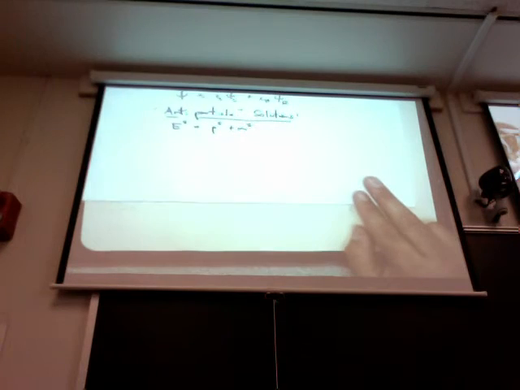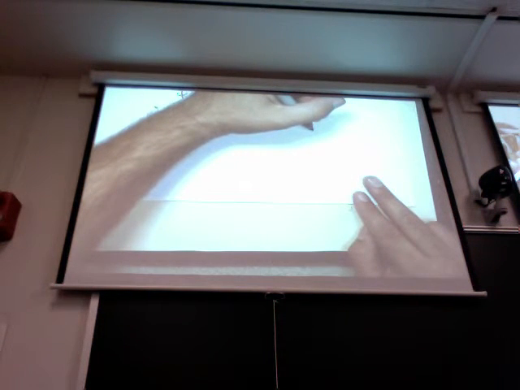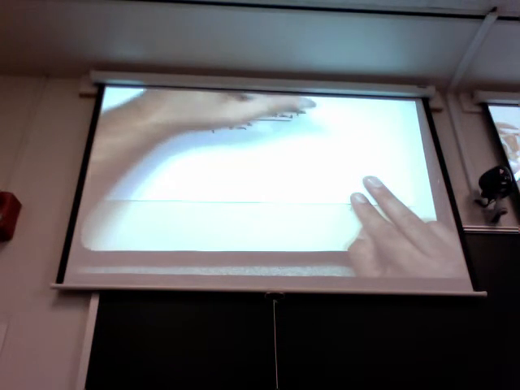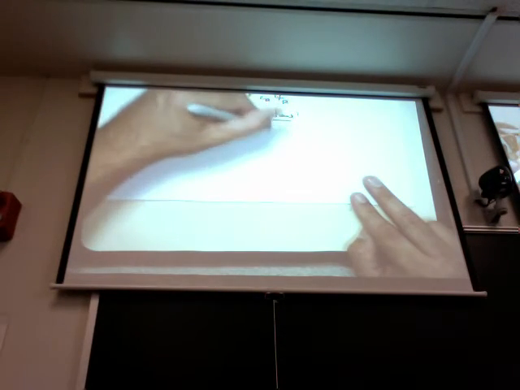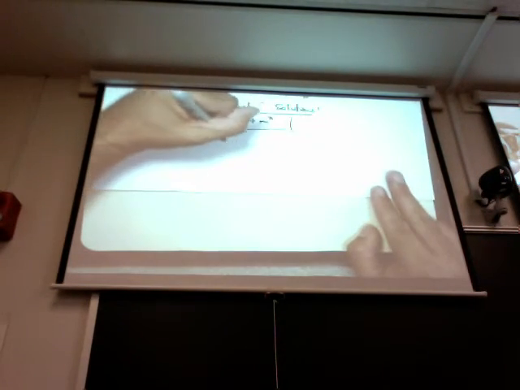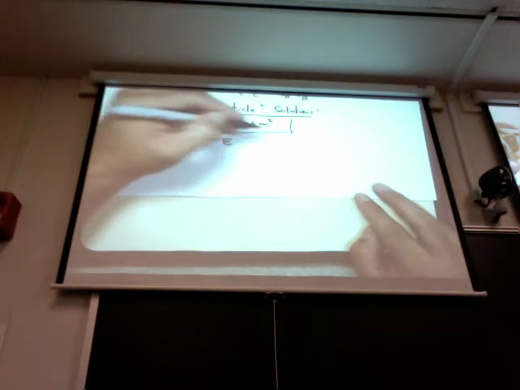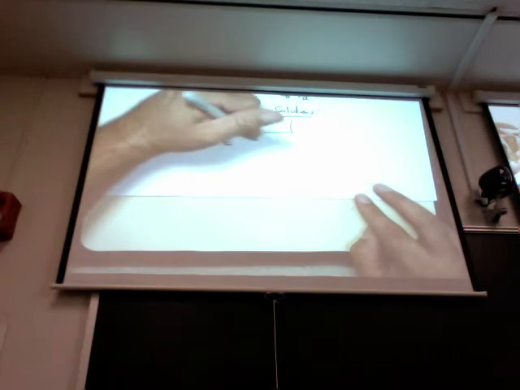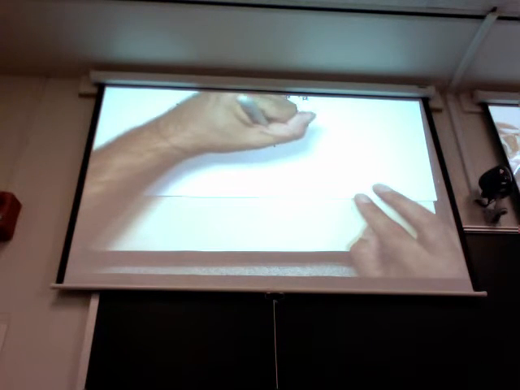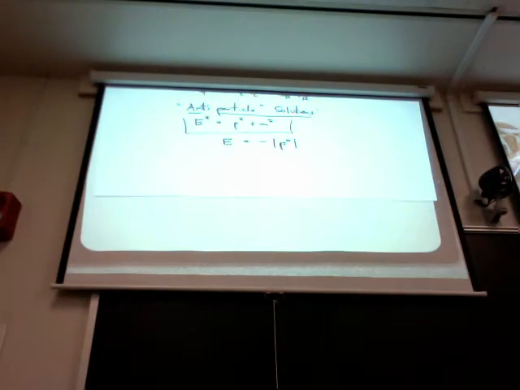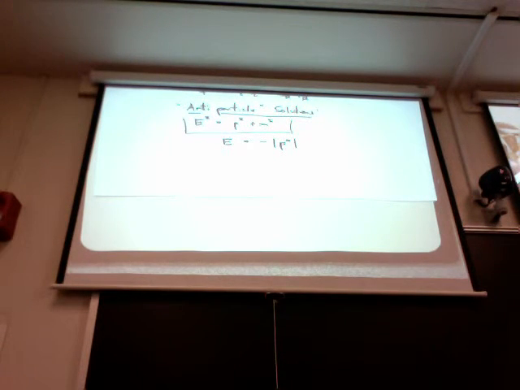I'm interested in the negative energy solutions, so I'm going to rewrite the energy term in the Weyl equations, or in these coupled equations, as minus the magnitude of P naught.